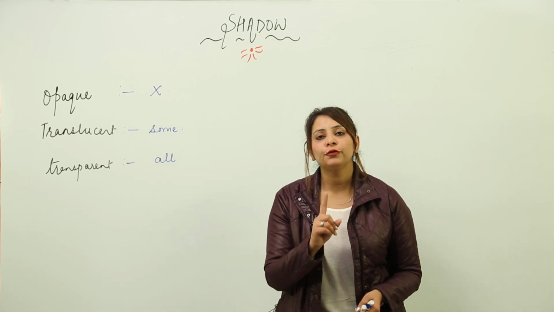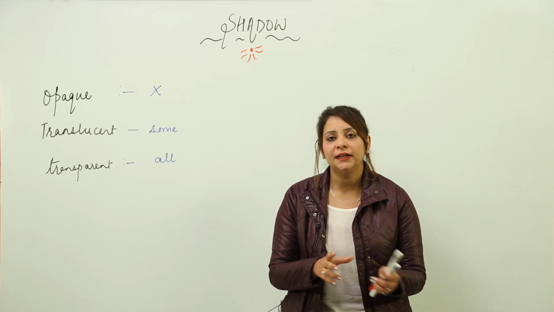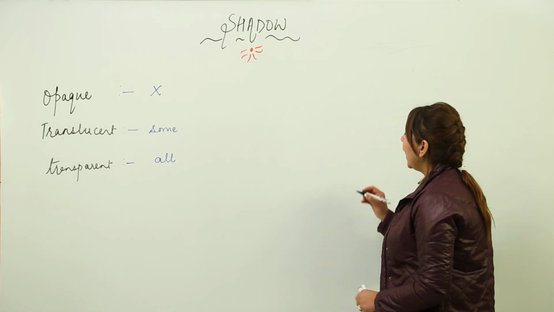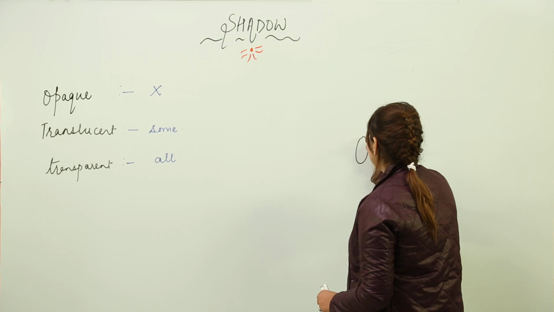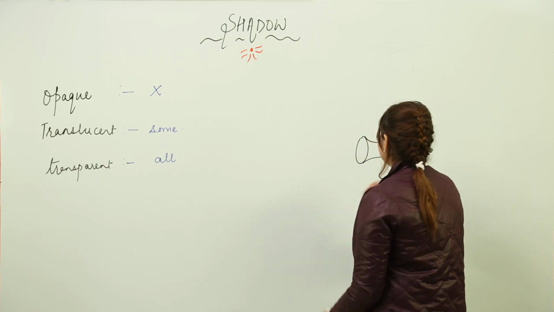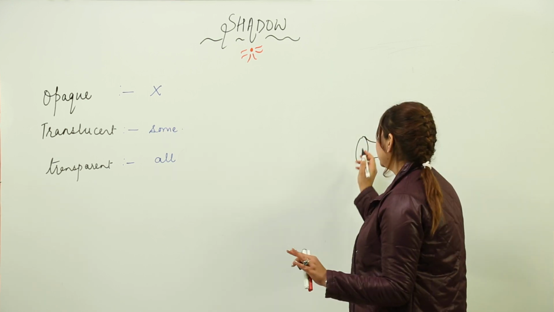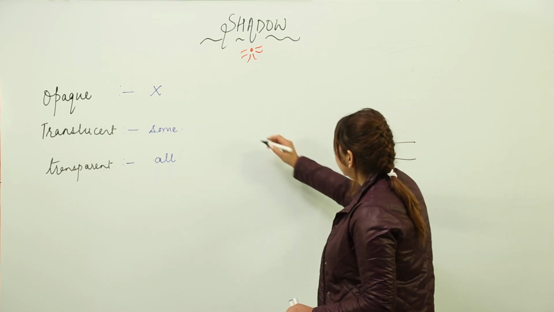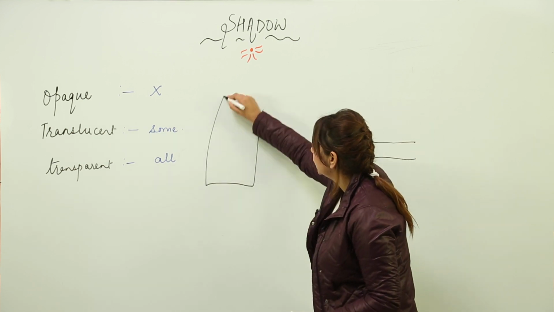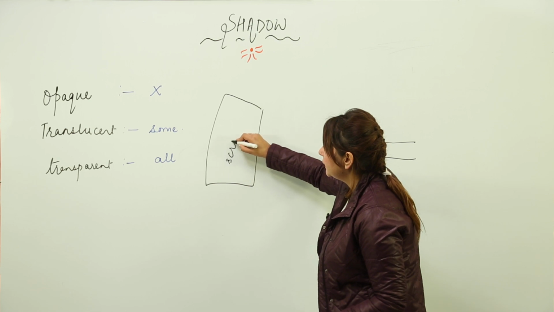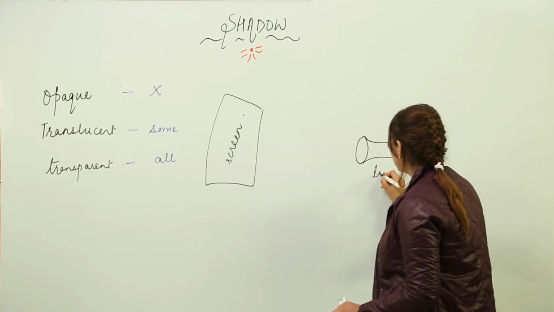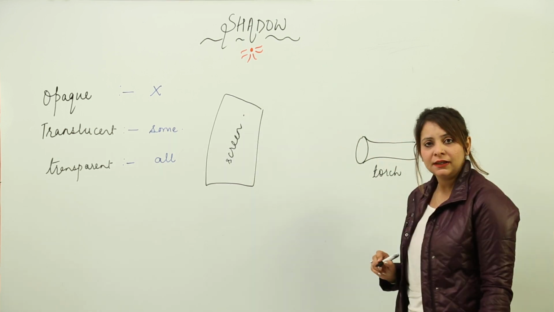I am going to help you understand this by taking an activity. Suppose I have a torch here, and it is on, which means it is emitting light, and here I have a screen. Let's say this is my torch and this is my screen.